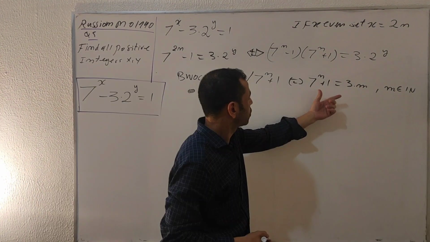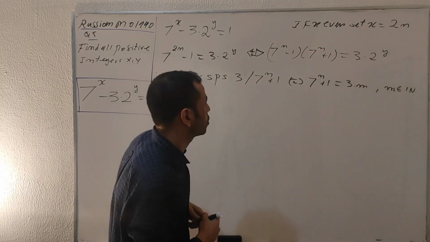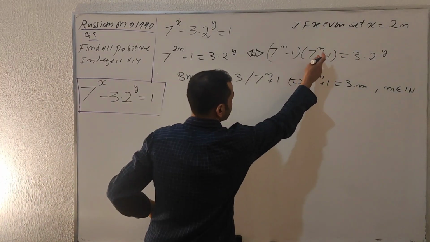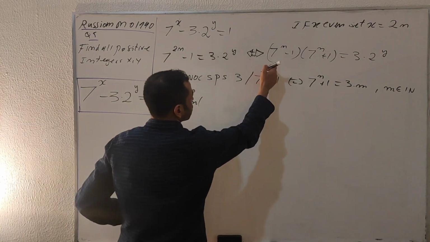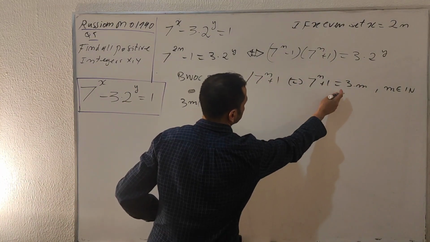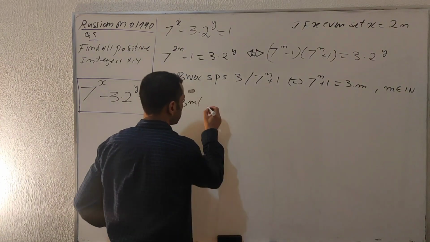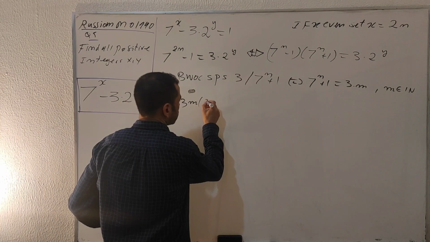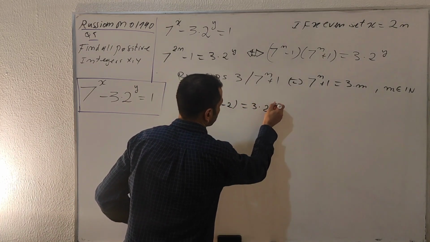Now I'm going to insert this into the equation. 7 to the n plus 1 will be replaced with 3m, and 7 to the n minus 1 will be replaced with 3m minus 2. We'll get 3m minus 2 times 3m equals 3 multiplied by 2 to the y.